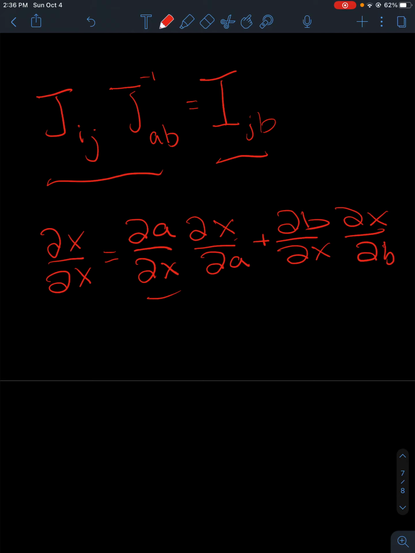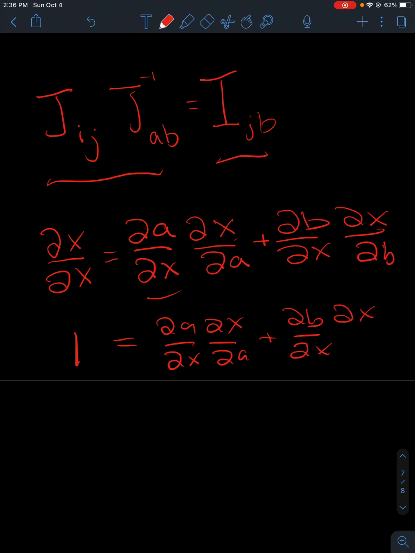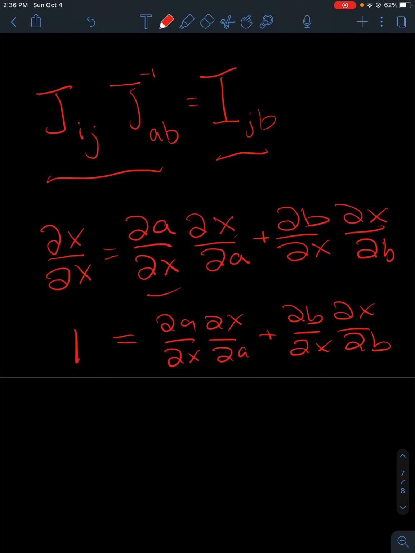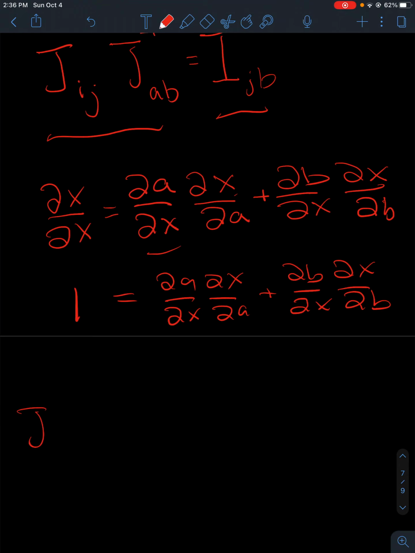So, partial x over partial x is always going to equal 1, right? So 1 should equal partial a over partial x times partial x over partial a, plus partial b over partial x times partial x over partial b. That should be 1. And remember, the Jacobian times the inverse Jacobian should give us the entries 1, 0, 0, 1.